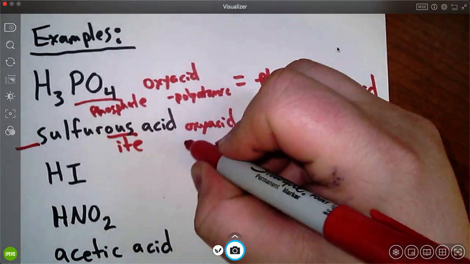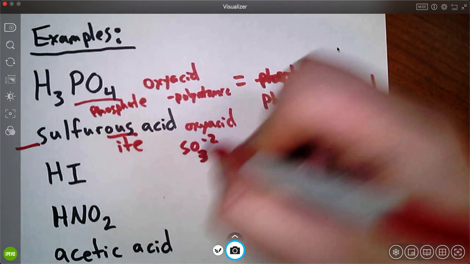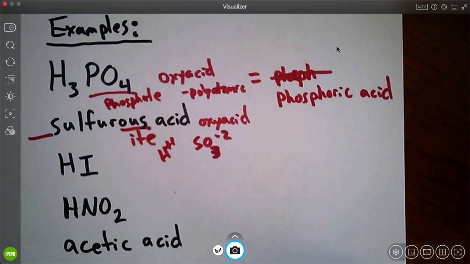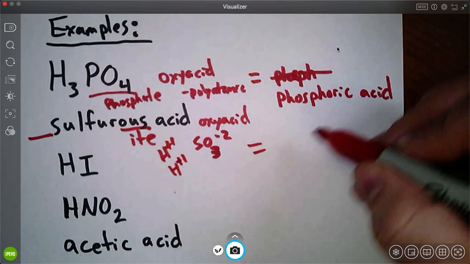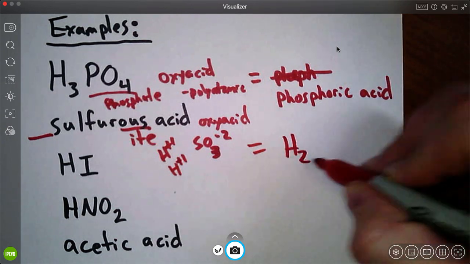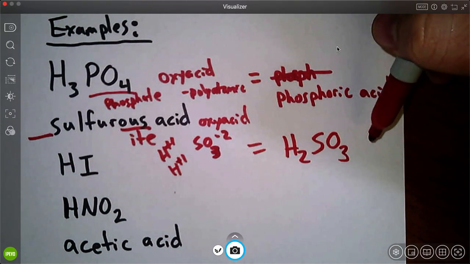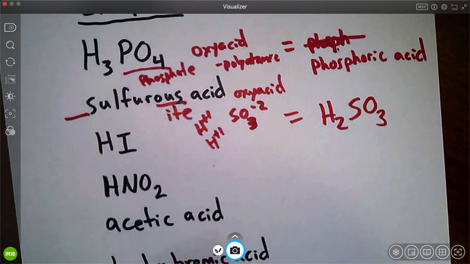It's got a negative 2 charge. All right, so we've got SO3 with a negative 2 charge. Paired with hydrogen, which is a +1. I'm going to need 2 hydrogens here. So our formula for this would be H2SO3, sulfurous acid.